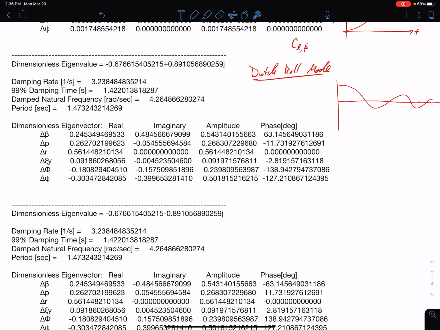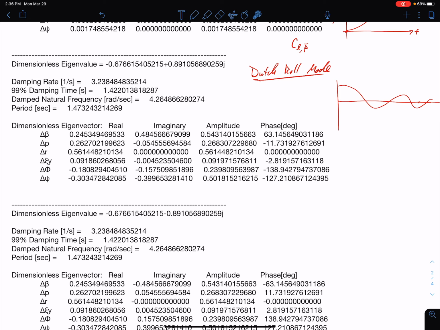So the Dutch roll is a combination of all these things. So we're going to have roll and yaw rates that are oscillating. So we're going to have oscillations in roll and yaw, and in our bank angle and in our heading.